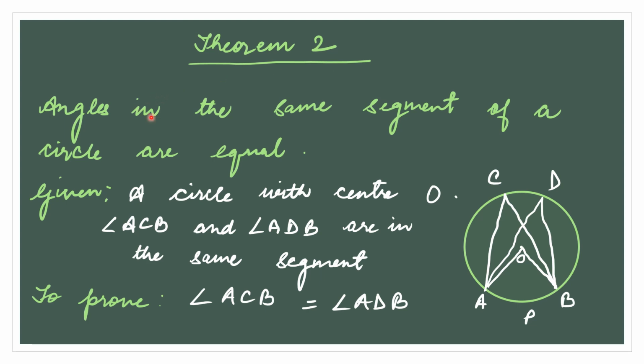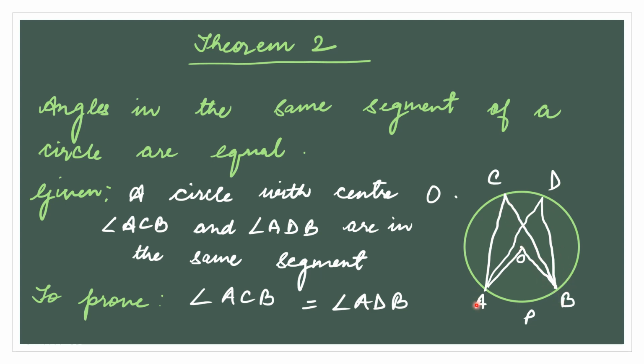Theorem 2, children. Angles in the same segment of a circle are equal. A circle with center O. Angle ACB and angle ADB are in the same segment. How? This is the arc, and the angles are drawn, one on the right hand side and one from here.